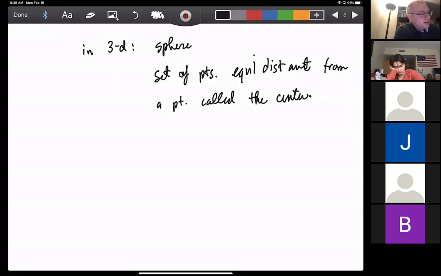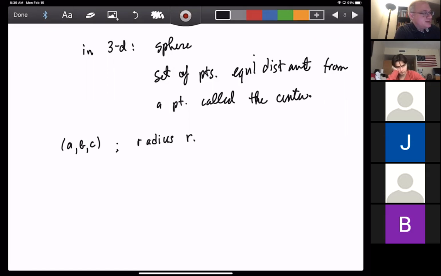Okay, so if the center is A, B, C, and the distance is called the radius, say that's r.